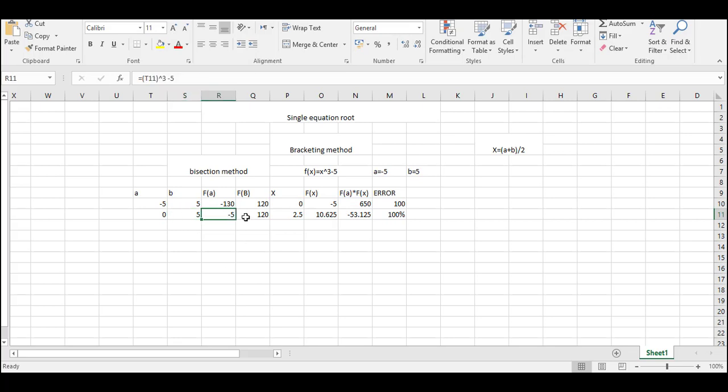And then f of a, f of b, x, f of x, the condition and the error. The error here equals the absolute value of the x value from the recent iteration minus the x value from the prior iteration, divided by the recent value of x.